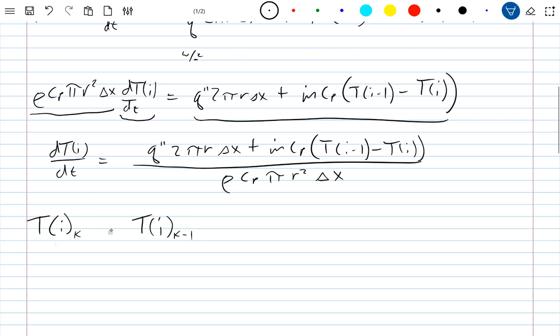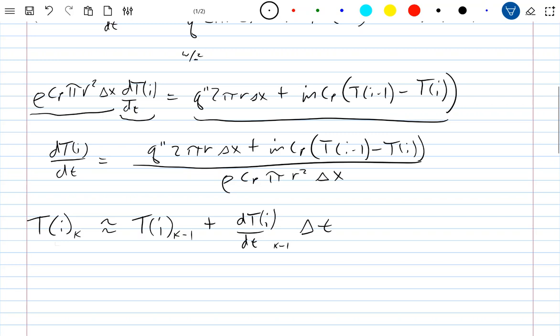And let me note that this is going to be an approximation using the Euler integration method, plus dTi/dt of the ith node evaluated at k minus 1 times our time step.